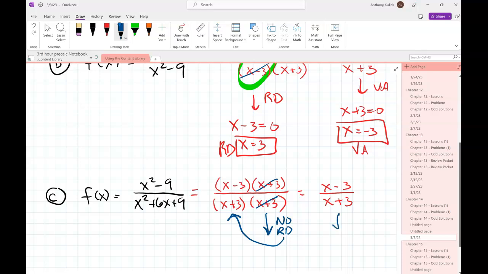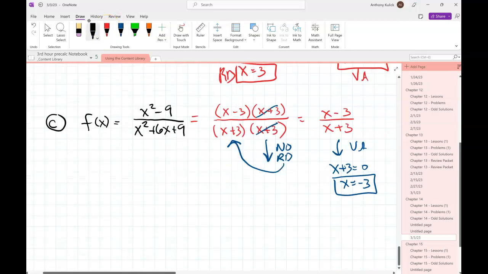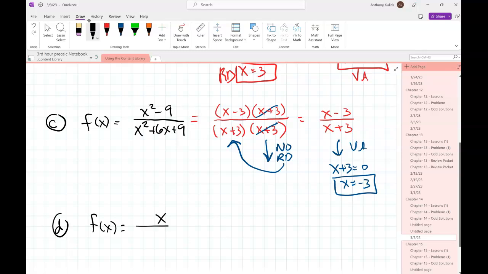So the x plus 3 is going to cause a vertical asymptote when I set that piece equal to 0 and so on. Do we have to get an asymptote or removable discontinuity? No, let's look at an example of that.